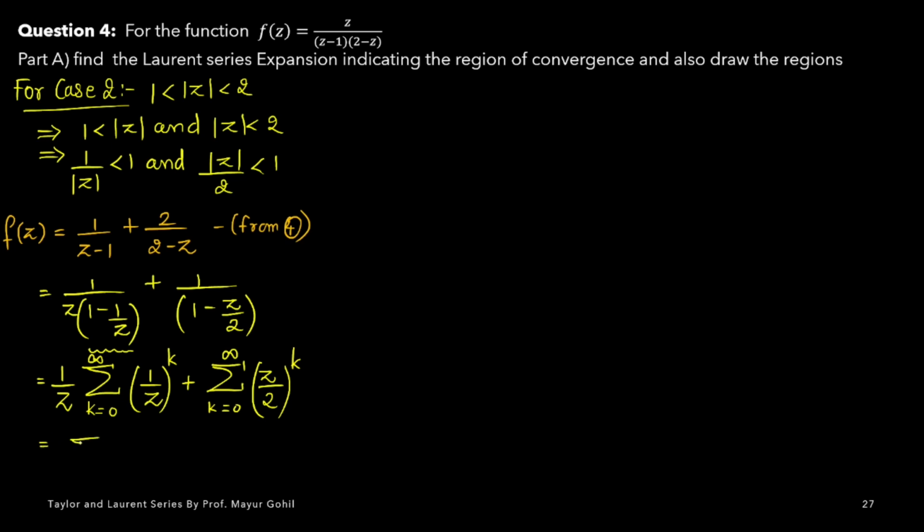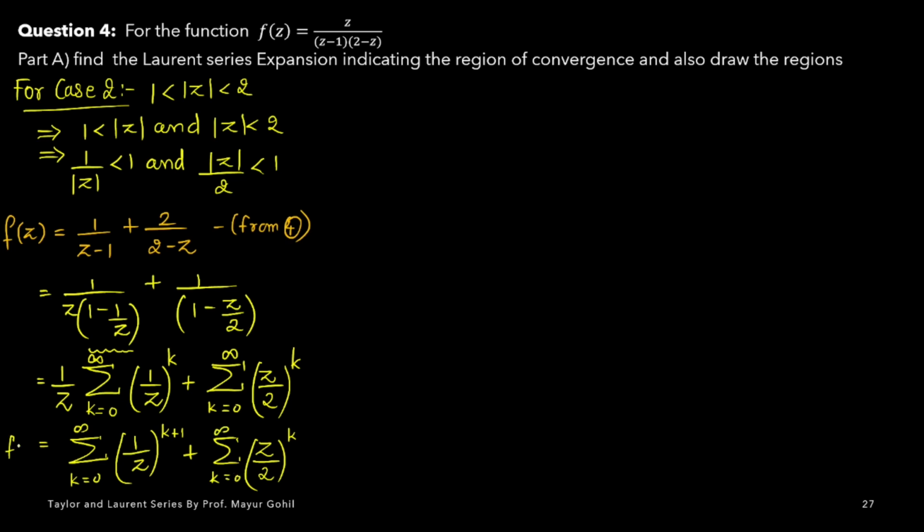So summation of (1 upon z) whole raised to k plus 1, k going from 0 to infinity, plus summation of (z upon 2) whole raised to k going from 0 to infinity.